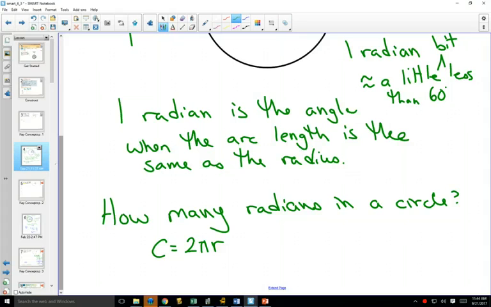And since each radius along the outside of our circle, here's my circle, here's 1 radius, here's another radius, here's another radius, here's another radius, another one, and a bit.